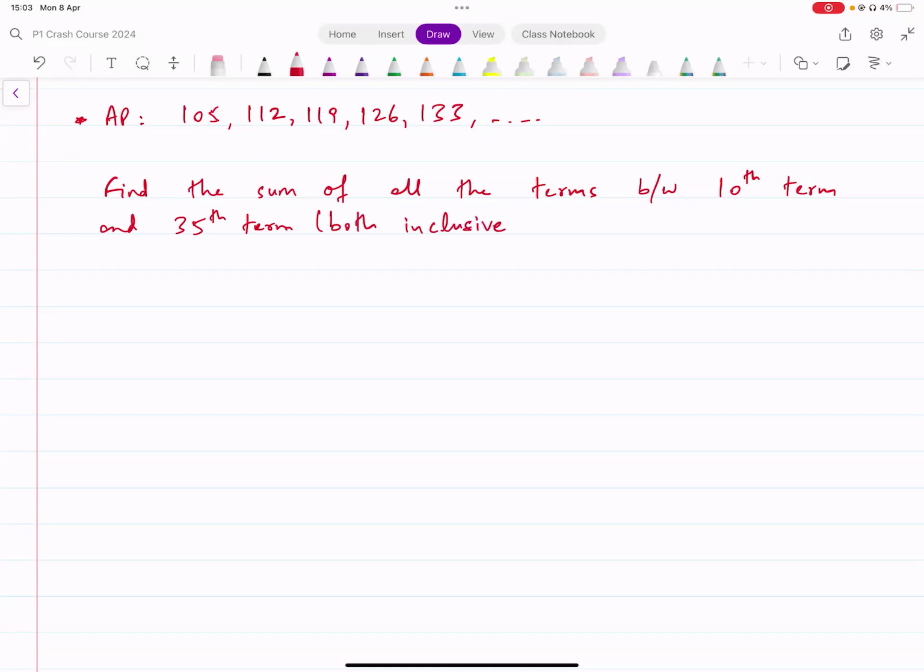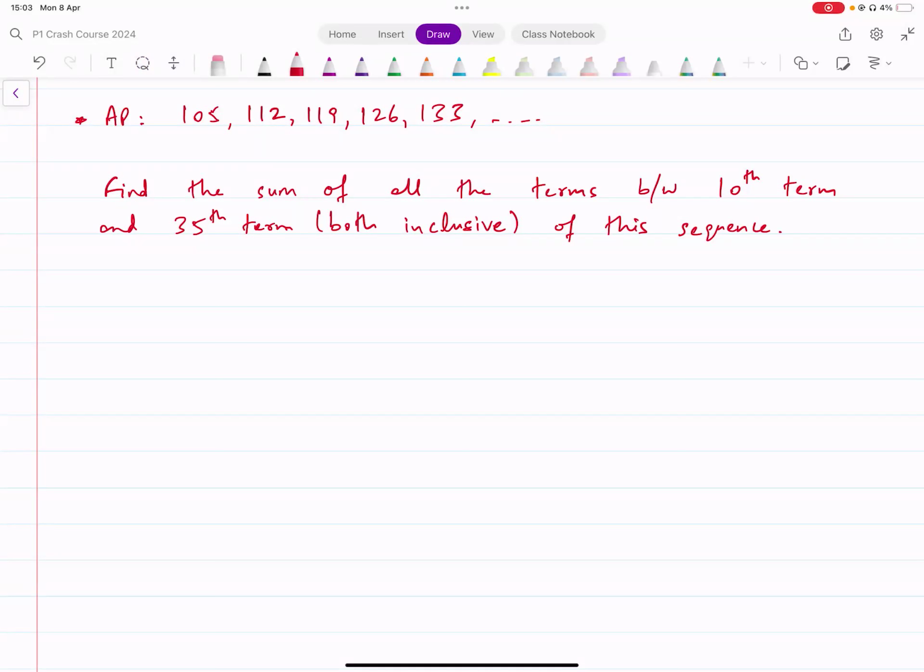That means the 10th term should also be included, and the 35th term should also be included. Find the sum of all the terms between the 10th term and the 35th term of the sequence. This is what you want to find out.